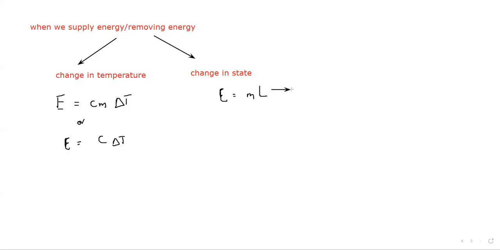What is the meaning of latent heat? The term specific latent heat means the energy required to change the state of 1 kilogram of an object.